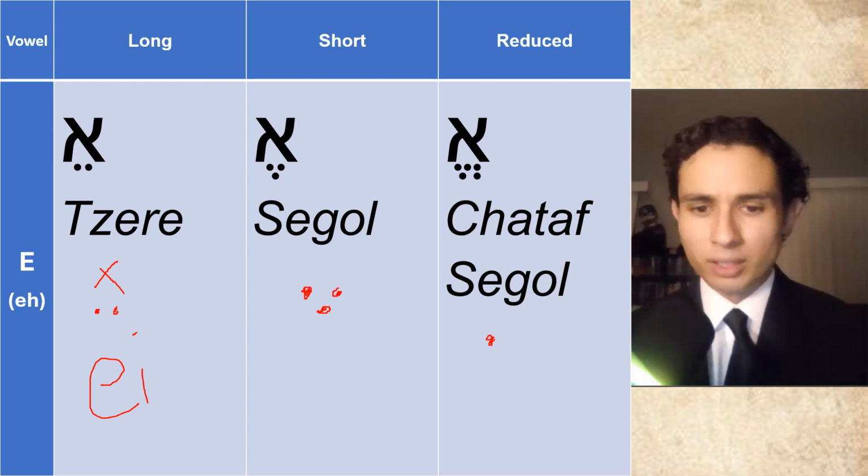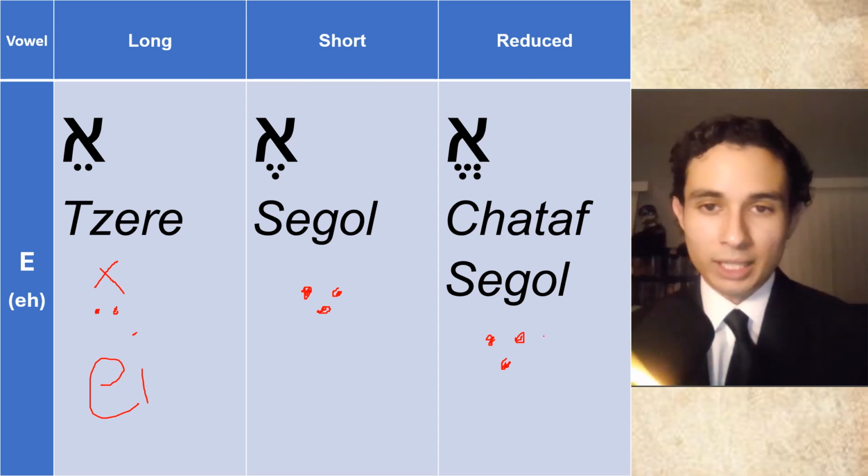The same with the chataf patach. And same thing there. It's the same as the short vowel, but it adds 2 vertical dots on its right side. Okay, so anytime you see these 3 marks under a letter, it indicates an S sound.